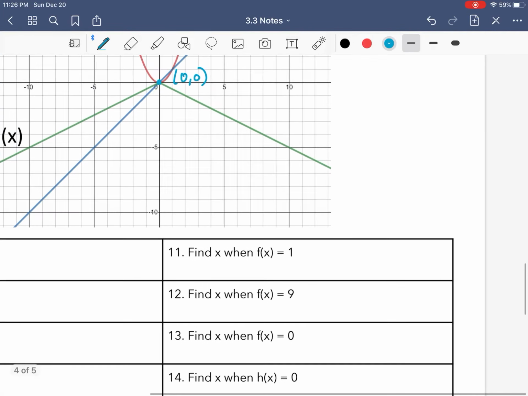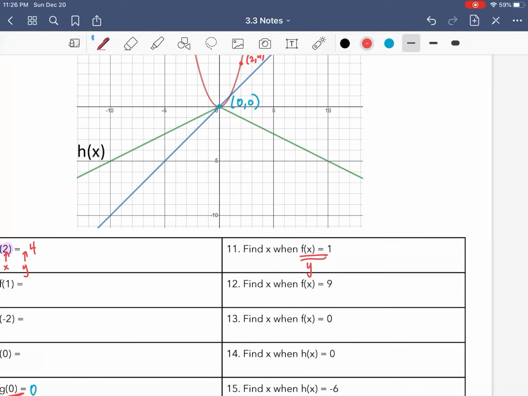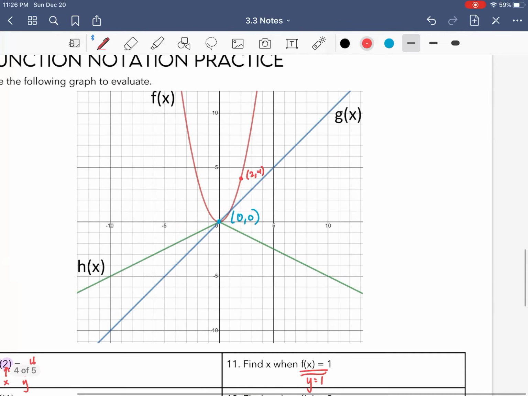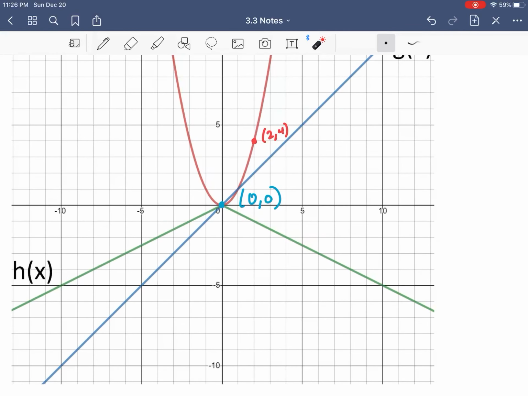Okay, on the other side, we're still doing the backwards thing. It says find x when f of x equals 1. We had some examples like that in our notes. So f of x equals 1 means the output, or the y up and down, is 1. So I'm going to look up 1. Here is y equals 1. We're wondering where my function f crosses that, and f is my red function.